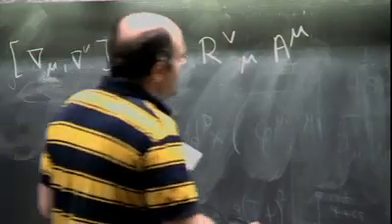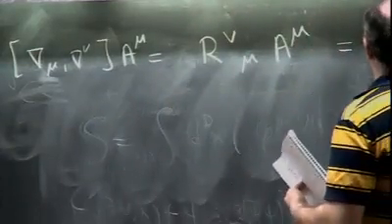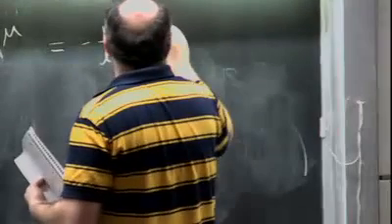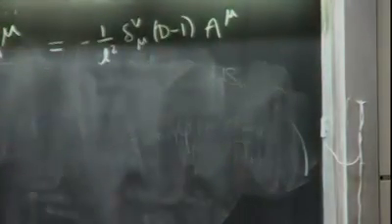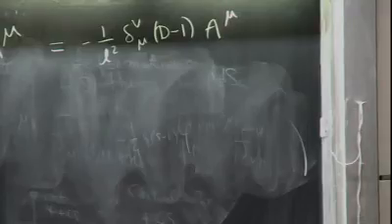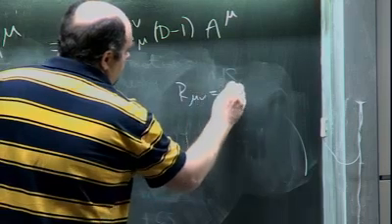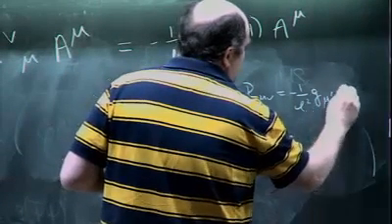And in the maximally symmetric space, this is equal to minus 1 over L square times (d minus 1) A mu. That's the Ricci tensor of a maximally symmetric space: R mu nu equals minus 1 over L square g mu nu (d minus 1).